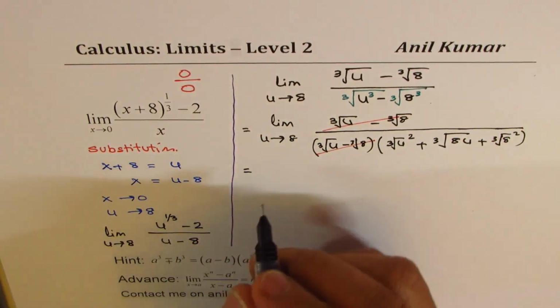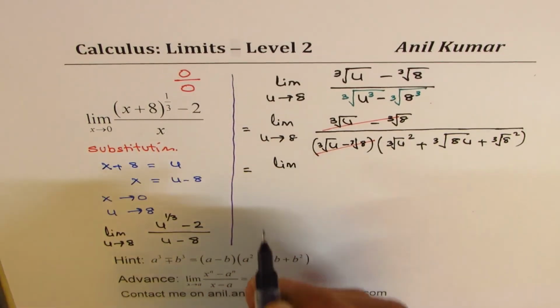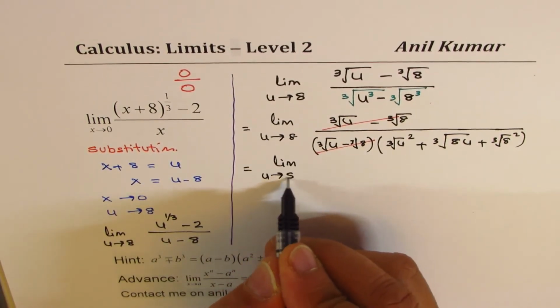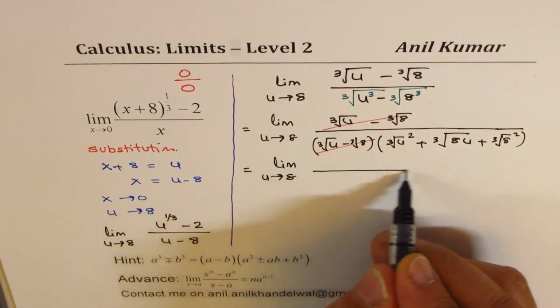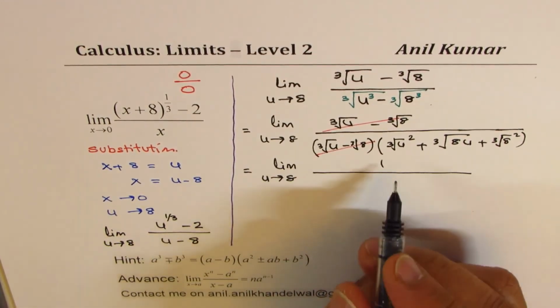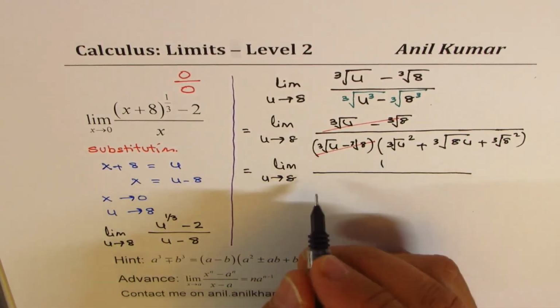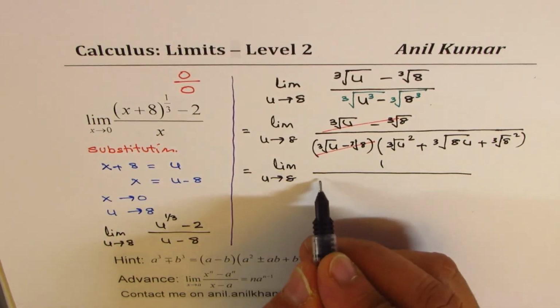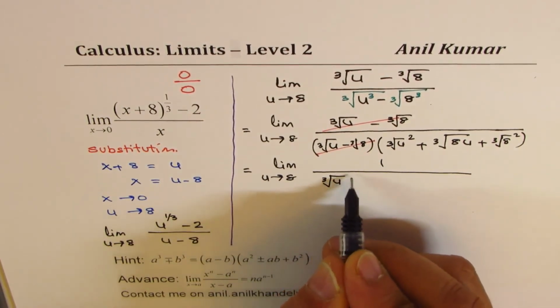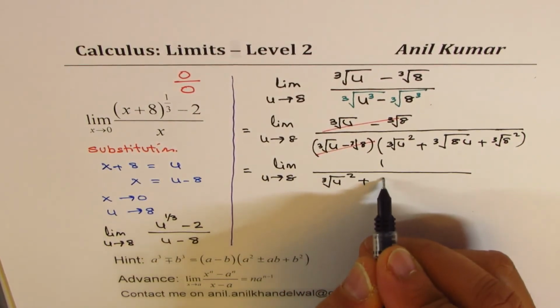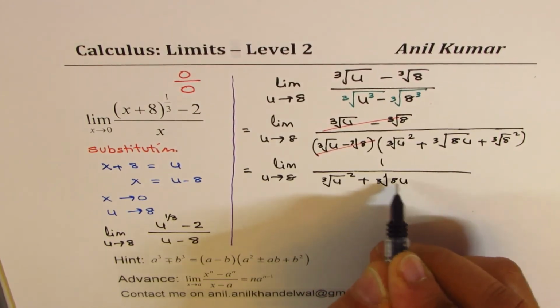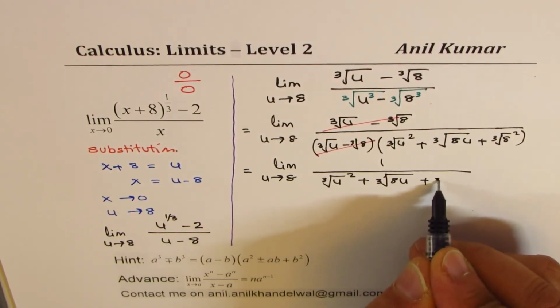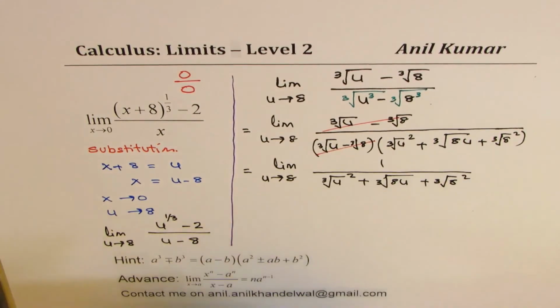That's the whole idea. So we are doing this process over and over again so that you understand this strategy and it helps you to solve difficult questions. So what we have here is cube root of this square plus cube root of 8u plus cube root of 8 square.